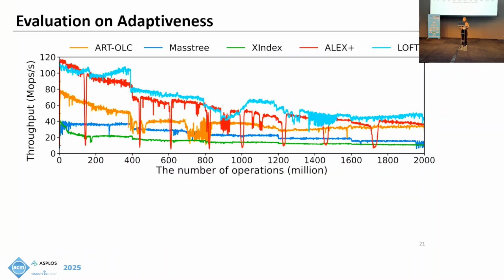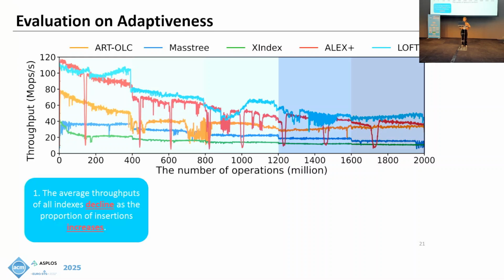We also evaluate the adaptiveness of the indexes. We change the workloads every 400 million operations by adding 20% insert operations. We can see the average throughput of all indexes declines as the proportion of insertion increases because the insert operation has longer latency than the read.